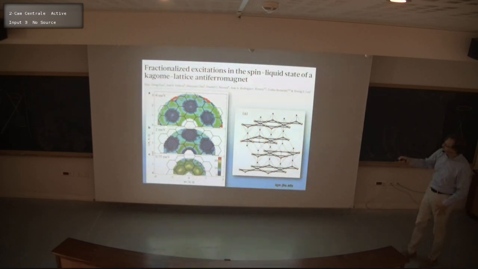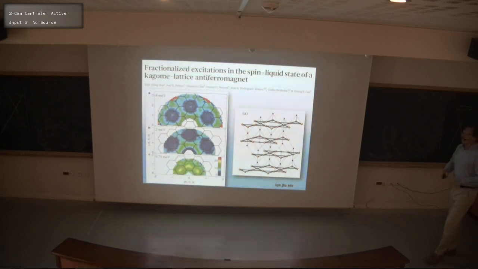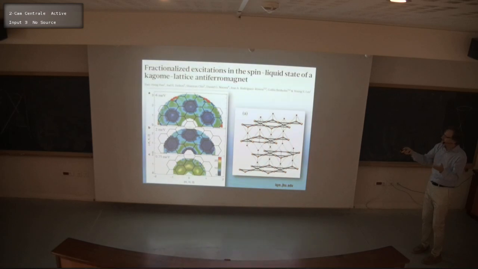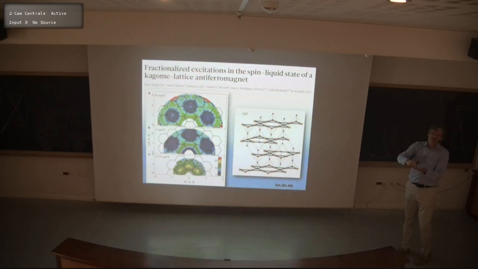But instead we have these very, very broad structures in momentum space. They're quite well defined, but very broad and extending much beyond the Brillouin Zone. Now, things that are big in momentum space are small in real space. So what this is telling us is that the excitations somehow have to do with disrupting, maybe creating some sort of singlet to triplet excitation locally between nearest neighbor atoms, for example.